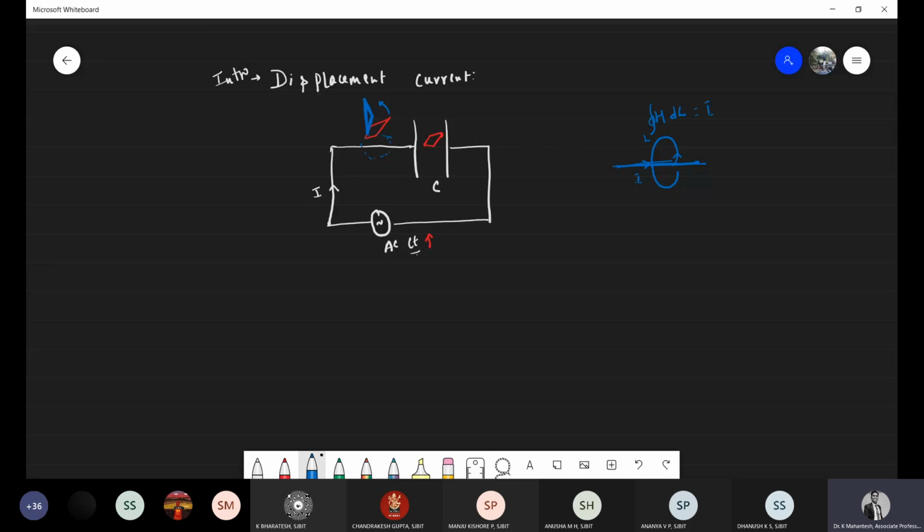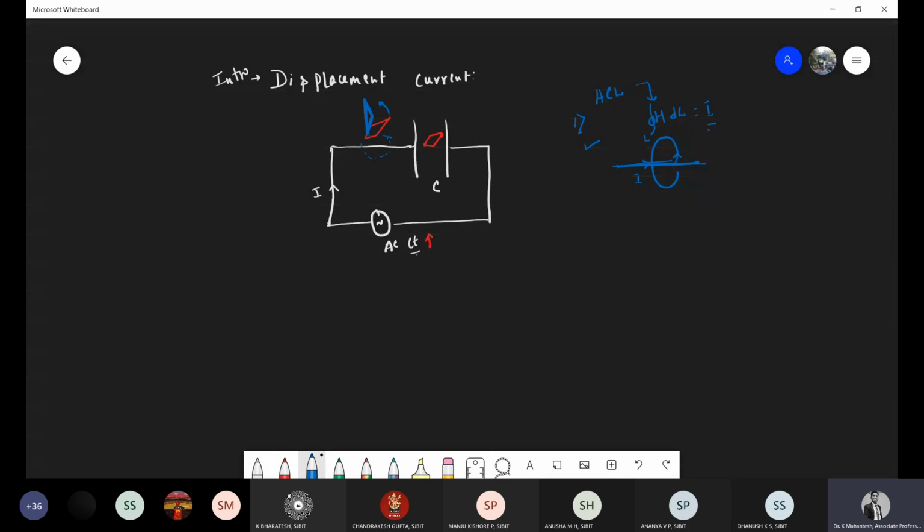The total amount of current is equal to the total magnetic field enclosed by the closed loop here. This is fine. This Ampere circuital law holds good in order to calculate the total current.